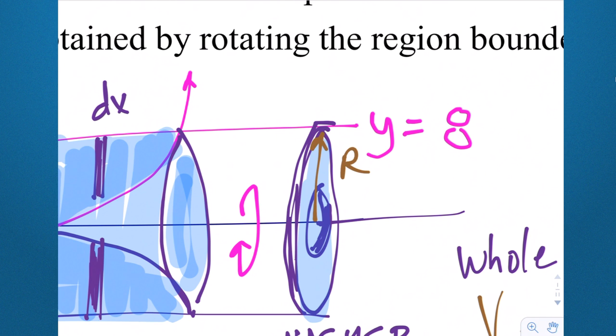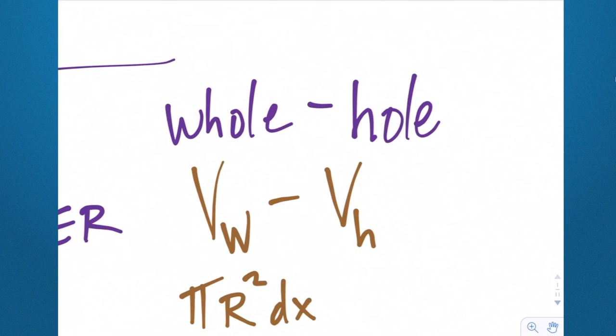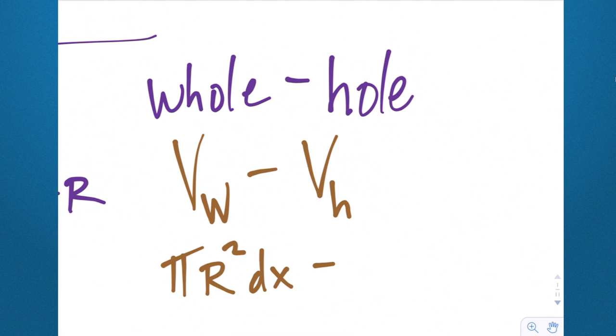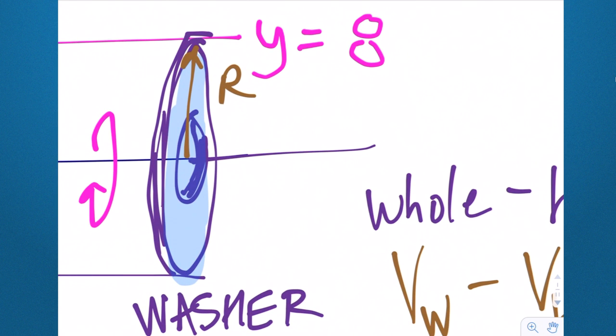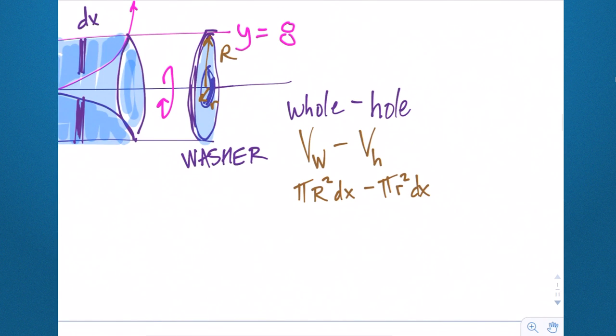Big R for big radius, are you okay with that? Minus the volume of the void, which will be another cylinder, pi little r squared dx. I'm going to call little r the radius of the void. So that's the idea: pi big R squared dx minus pi little r squared dx.